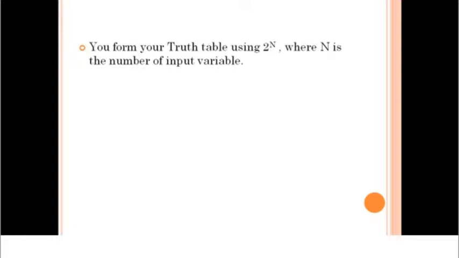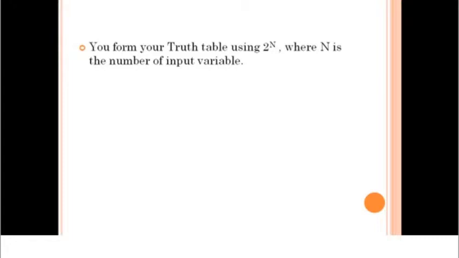Your n could be a, it could be a and b, it could be a, b, c. So that's just all it takes for you to formulate your table for each of the gates.